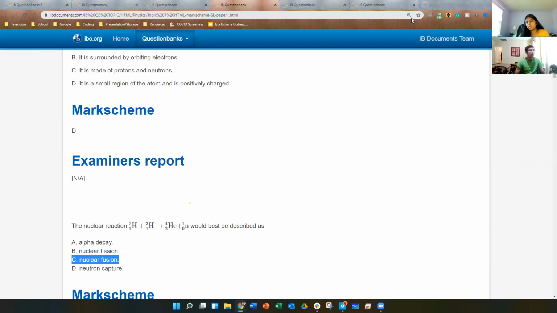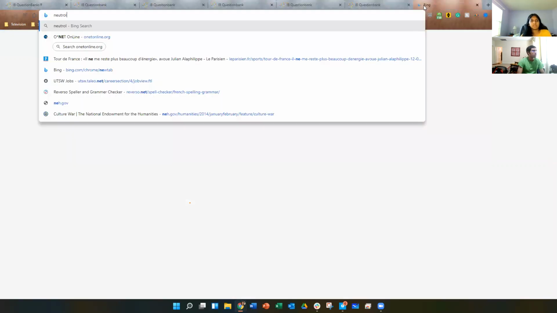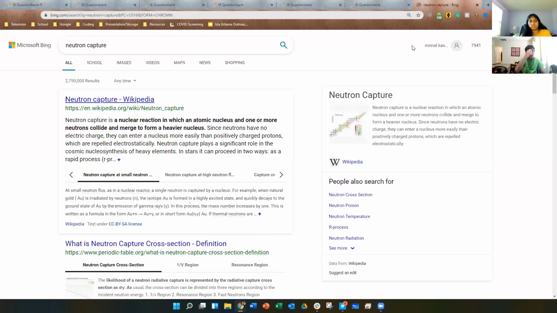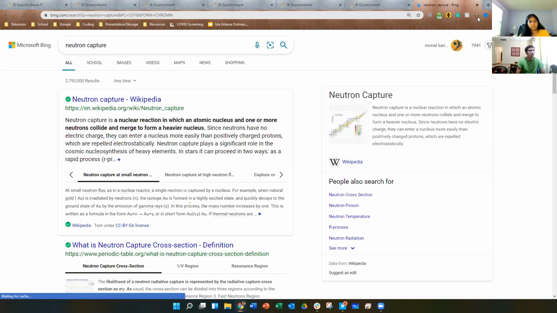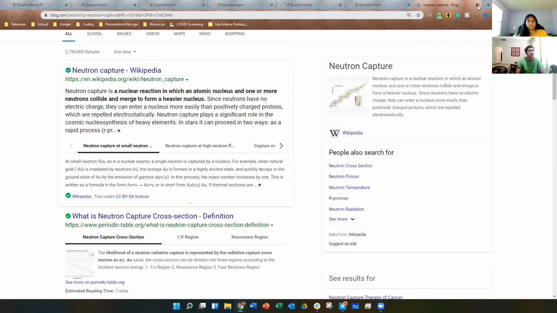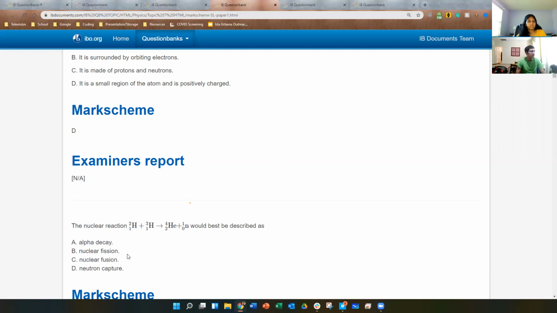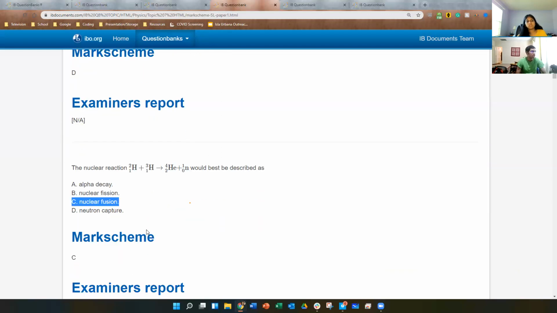We can search it up. So it's when you form a heavier nucleus. It's like fusion, except I don't know if it's fusion. Like bombardment or whatever? Yeah, bombardment. But this is probably fusion, because for it to be alpha decay, you need to go from a heavier nucleus to a smaller nucleus, right?